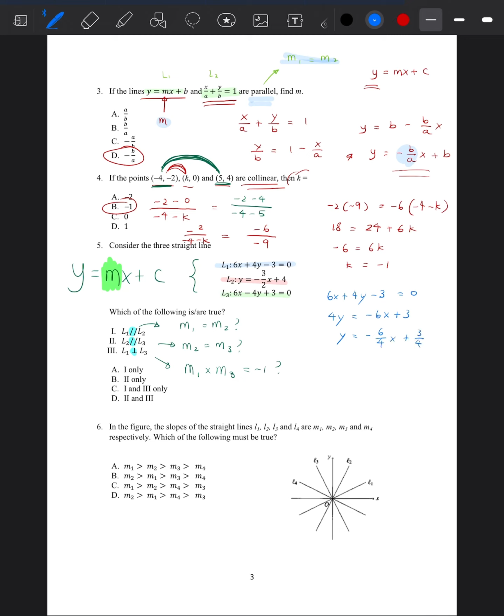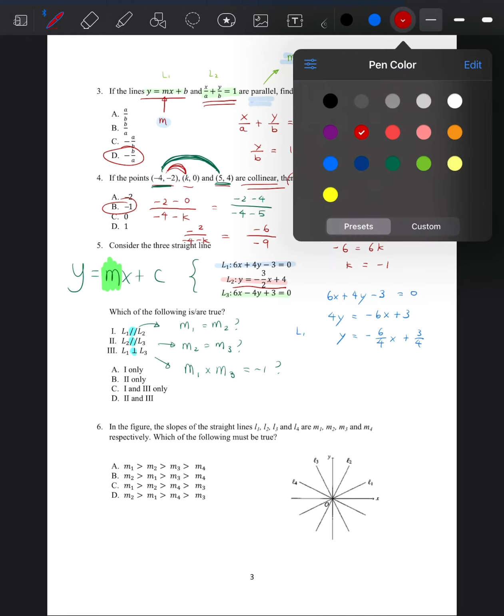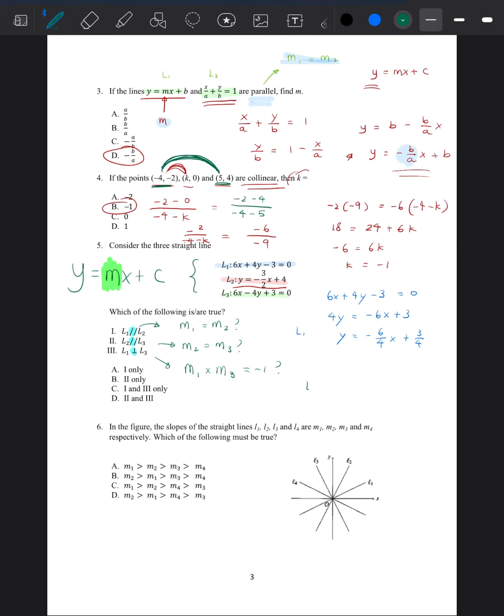So this is my first one, this is L1. And L2, you can look at it, it is already in the form of y equals mx plus c, so I don't have to do anything. And we just look at L3 then. L3. So again, you have to rearrange it a little bit. So leave my y on the left hand side.